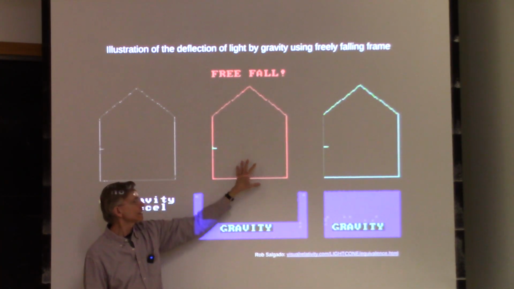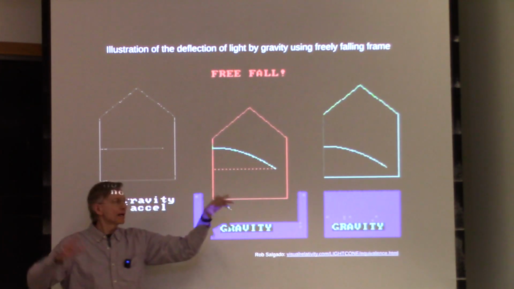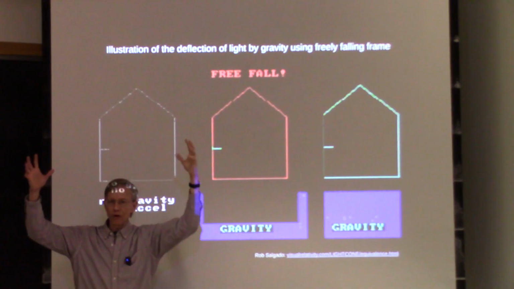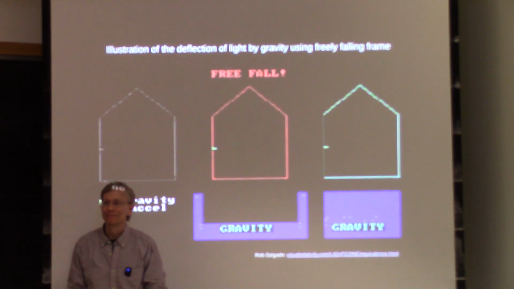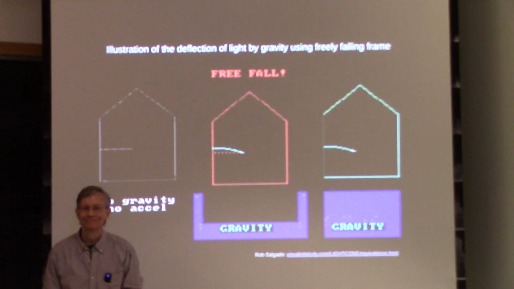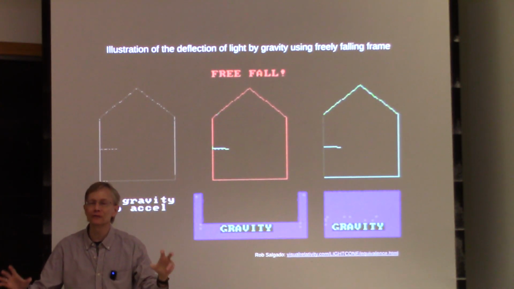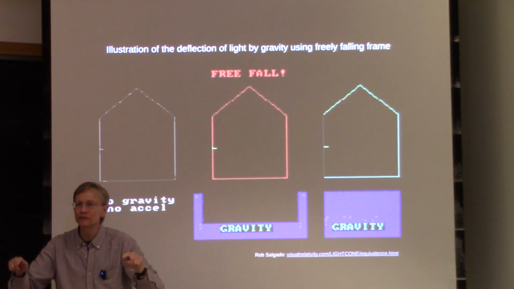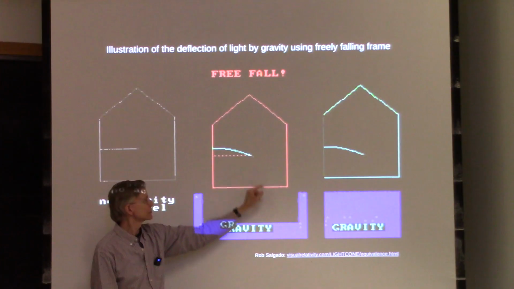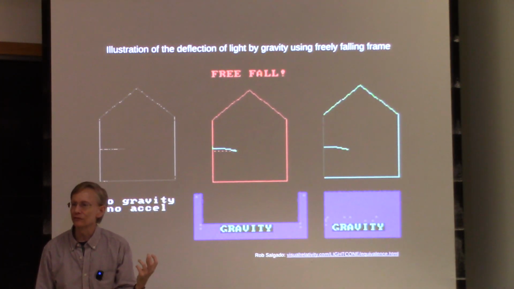Is this falling house, or rocket, or whatever it is, the rest frame of the rocket falling towards Earth, an inertial frame? Yeah, because remember, free fall frames are inertial according to Einstein. Free fall frames are inertial, so it's an inertial frame. The falling frame is an inertial frame.